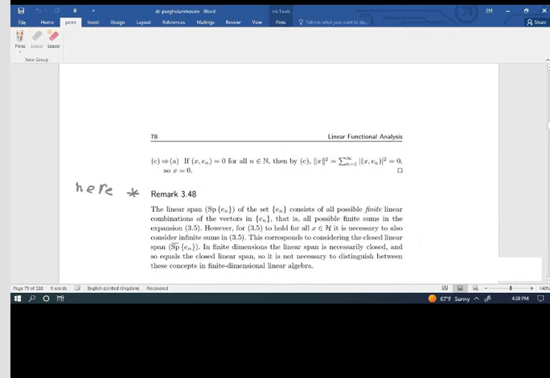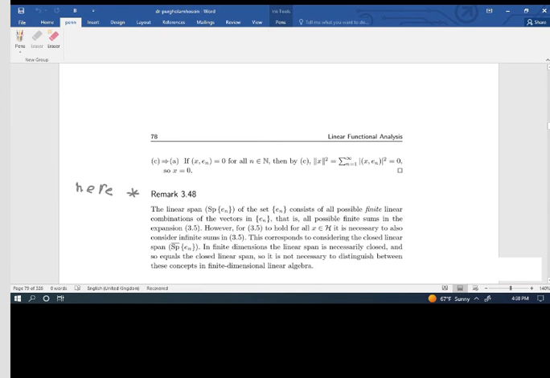Remark. The linear span, span of the set En, consists of all possible finite linear combinations of the vectors in En.